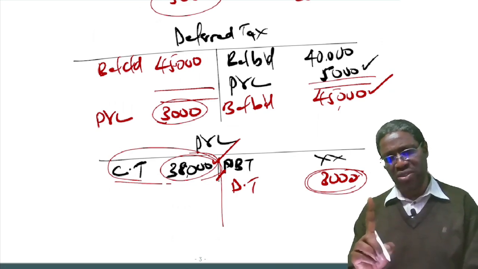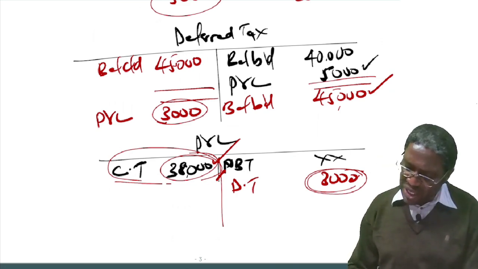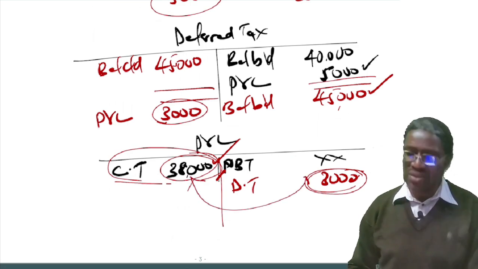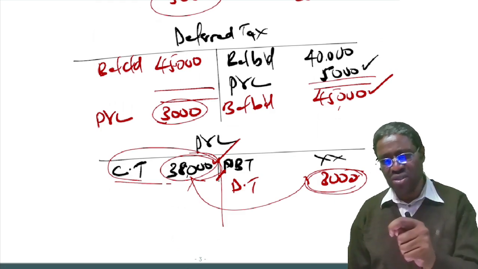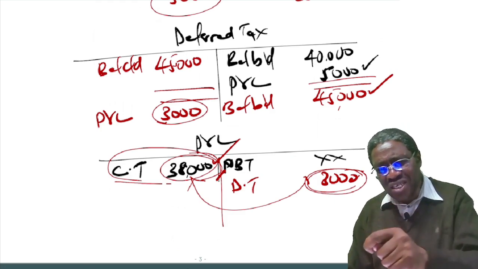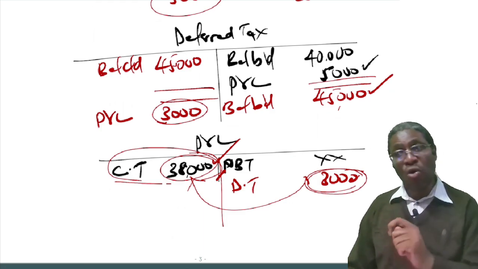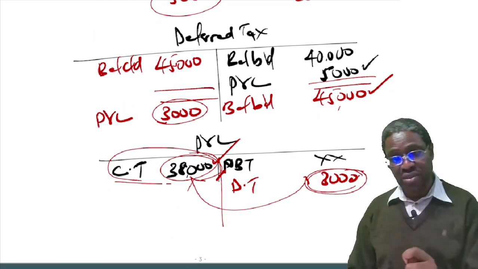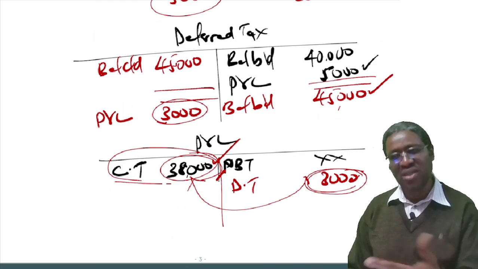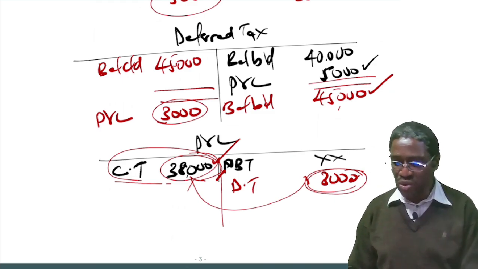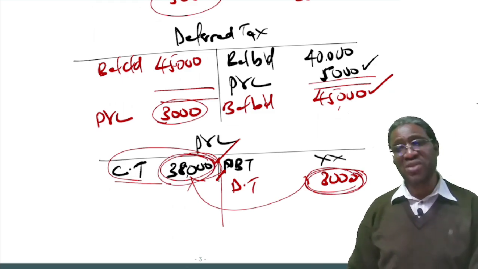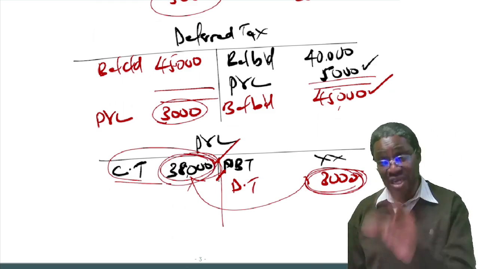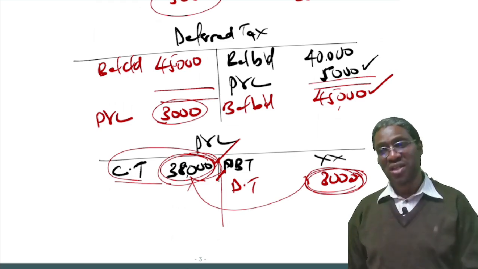The question is, by me crediting P&L account by 3,000, while there is a debit of 38 on the debit of the P&L, am I increasing the 38 by the 3,000 or am I reducing the 38? It is obvious. When you credit an account which has a debit, you are reducing the debit.